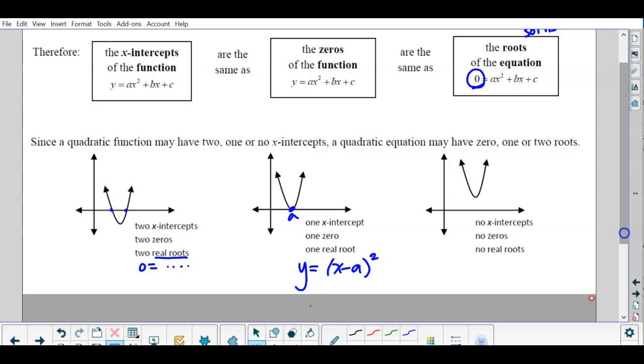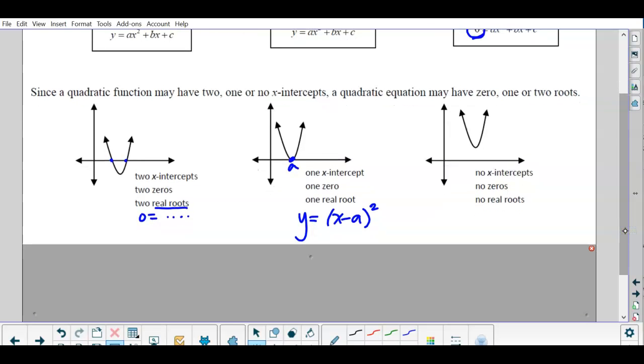So these are 2 equal factors. Sometimes when we're solving equations where we have something like this, we might actually say 1 real root or 2 equal real roots because of the fact that it's a multiplicity of 2. So either one of those, you might say.